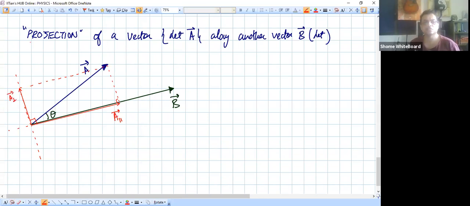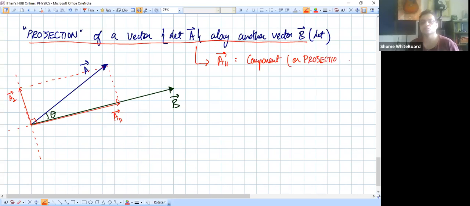So projection of a vector along another vector will be given by the symbol A parallel, where it means this is the component or projection of vector A along vector B or parallel to vector B, but in i, j, k form.